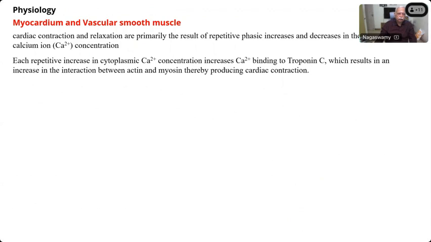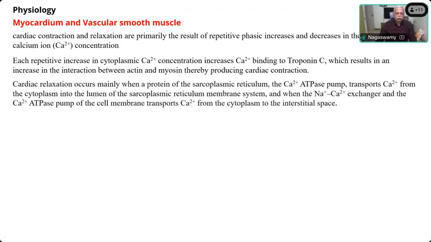Each repetitive increase of cytoplasmic calcium causes binding to troponin C, which leads to interaction between actin and myosin, and that is how cardiac contraction takes place, which all of you know. And relaxation occurs mainly when the calcium is removed by the ATPase pump and transported back into the sarcoplasmic reticulum or to the outside.